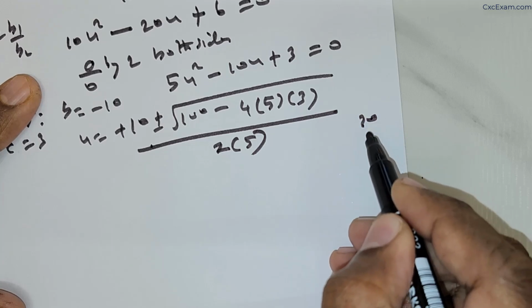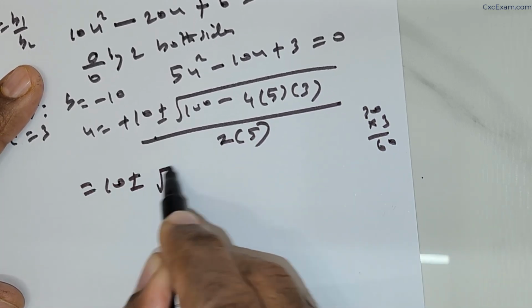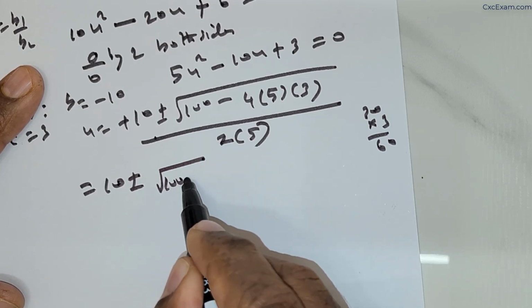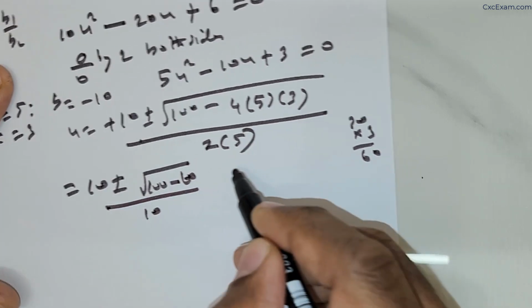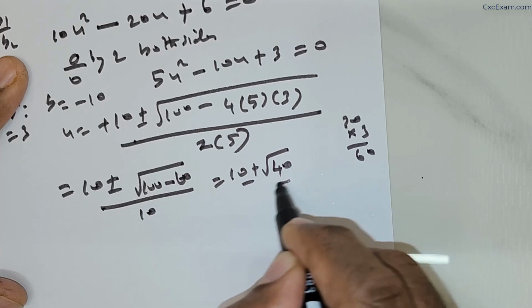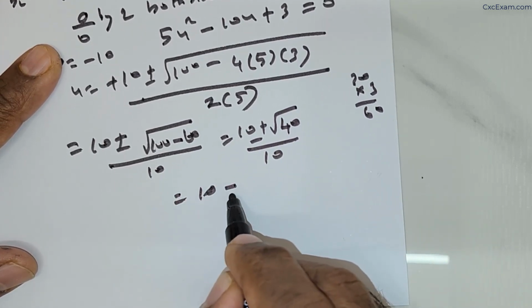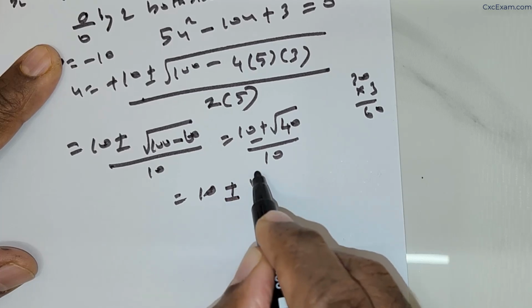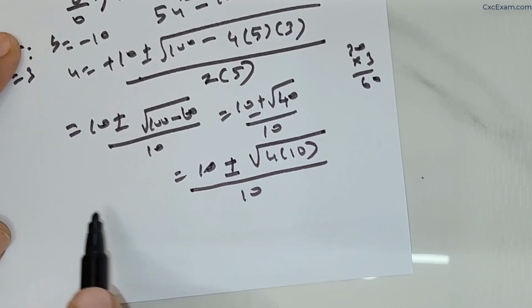So 4 times 5 is 20, 20 into 3 gives me 60. So this is going to be 10 plus or minus root of 100 minus 60, divided by 10, which is 10 plus or minus root of 40 divided by 10. I'm going to rewrite this as 4 times 10, over 10.